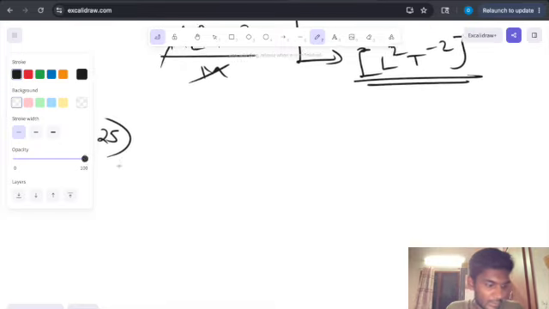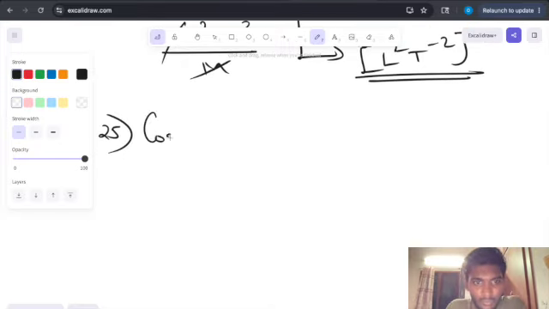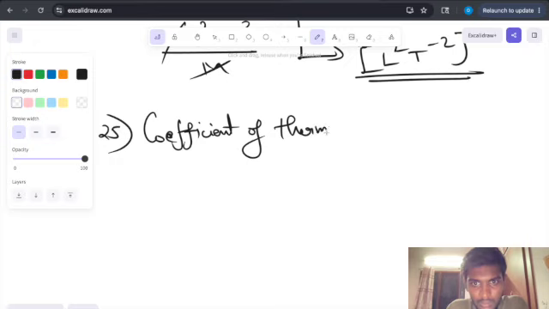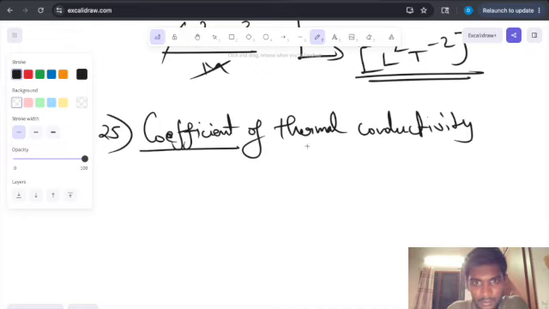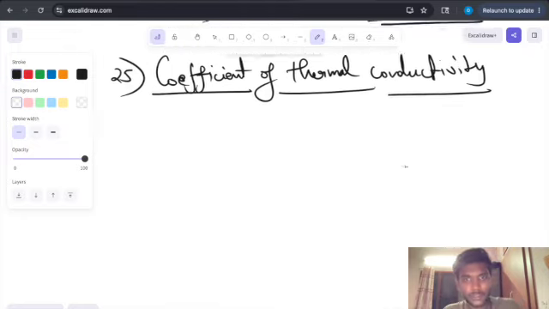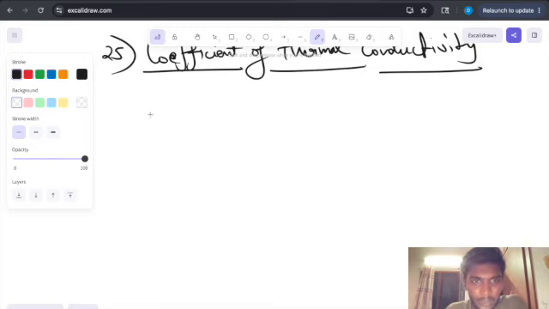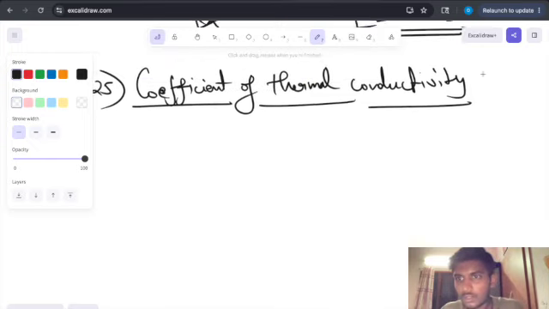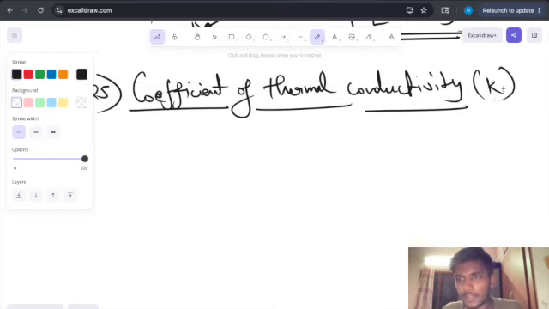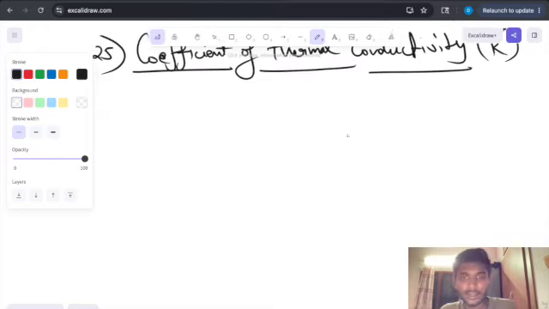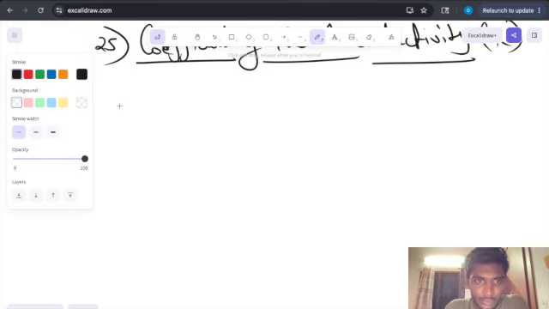Then we have coefficient of thermal conductivity, which is denoted by K. But I'm not using this because there will also be a dimension. Temperature dimension is K. So I will not be using this. So there is a formula.